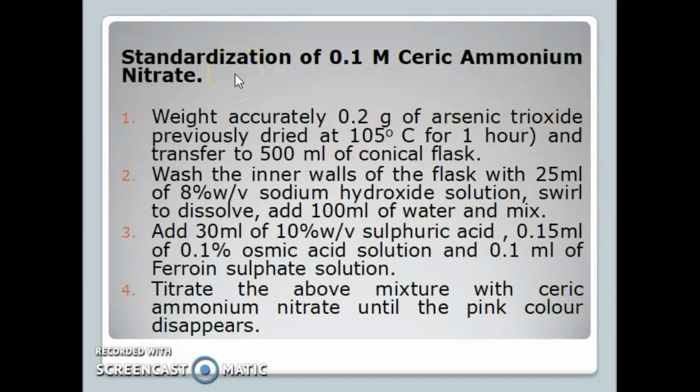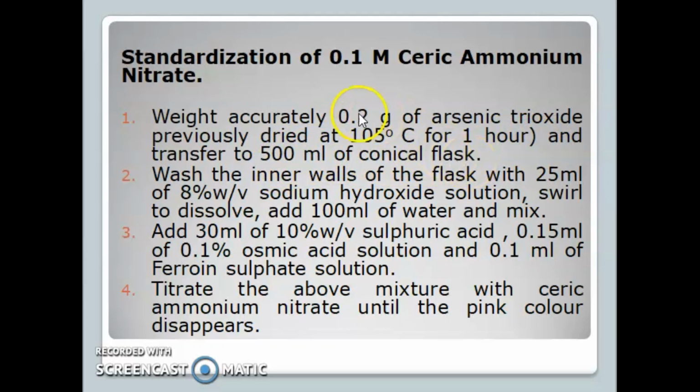Now we will see the procedure for the standardization of 0.1 molar ceric ammonium nitrate. For this standardization, you have to weigh accurately 0.2 gram of arsenic trioxide, which is previously dried at 105 degrees Celsius for 1 hour, and then transfer that into a 500 ml conical flask.